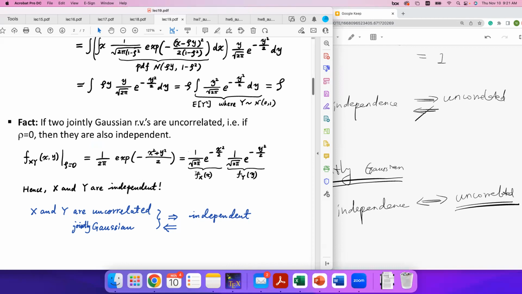So this shows that if rho equals 0, then the joint Gaussian PDF can be factorized into a product of the marginal PDFs. And this is the definition of independence. So in this case, uncorrelated implies independence when they are Gaussian.